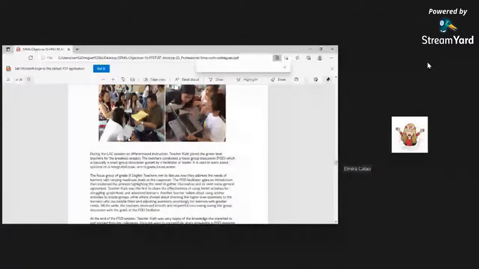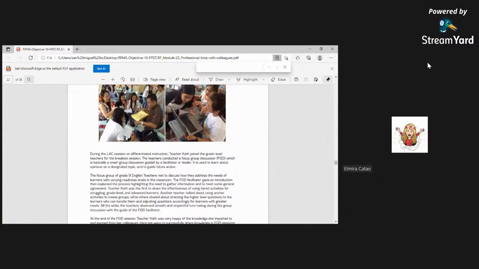Then number 3, remain tactful in asserting strong opinions, especially as response to others' ideas, which may be disagreeable to you. Number 4, take note of salient points. There may be a need to make clarification as to whether it is the essence of the discussion or not in order to meet some general agreement.